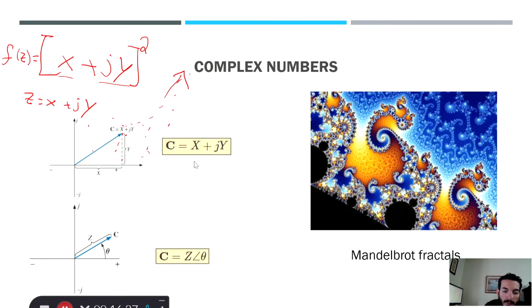Real terms are their own world, imaginary terms are their own world, and the only way you can combine them is finding the magnitude of the number by doing the square root of x squared plus y squared. This is the only way you combine them, which is this number z in this particular book.